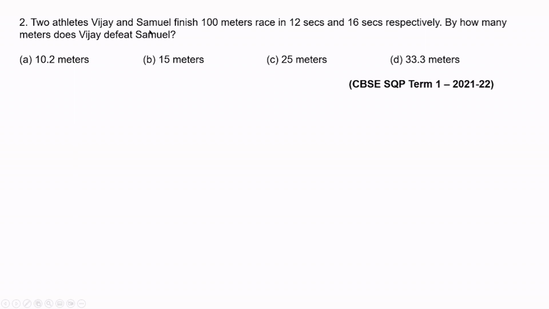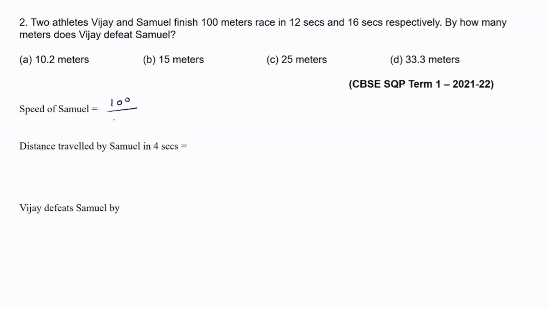So from here we can find the speed of Samuel. That is, the speed of Samuel is 100 by 16. So if we are able to find the distance which Samuel covers in these 4 seconds, then that will be the distance by which Vijay defeats Samuel. So here speed of Samuel is distance by time. It is 100 by 16.